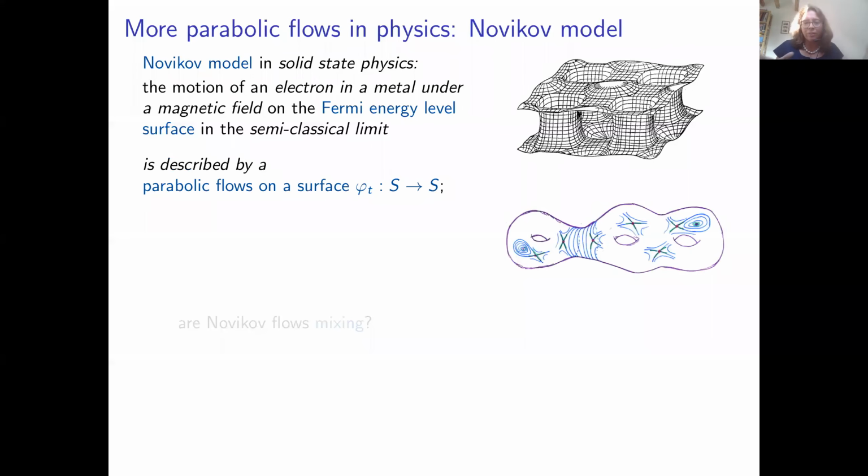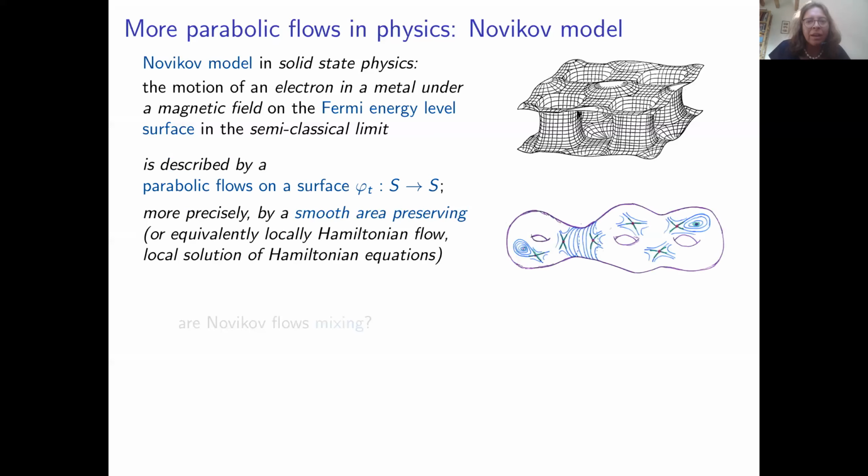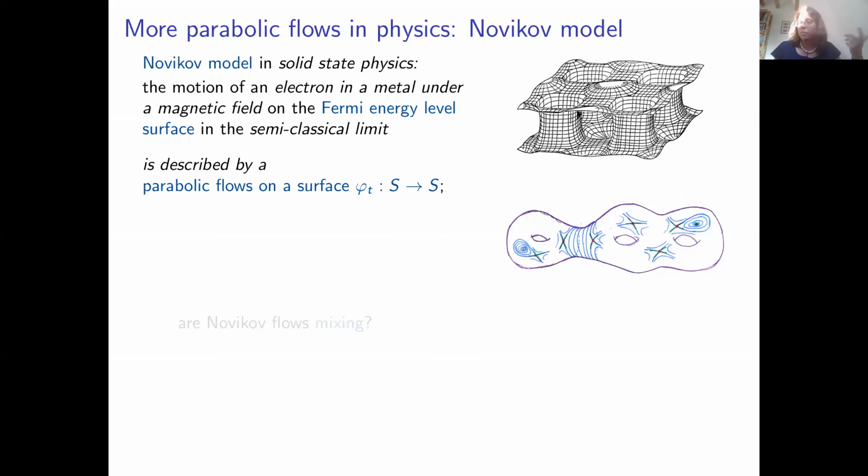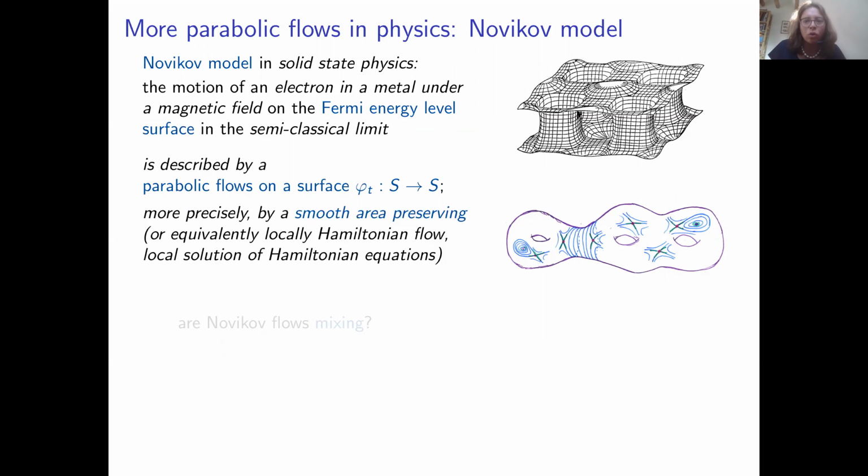You have a surface of a certain genus, and a flow. Locally you have solutions of some differential equations describing the motion of the electron. And the type of flows are actually smooth area-preserving flows. The flow that you obtain preserves area, and this area is given by a smooth two-form on the surface.